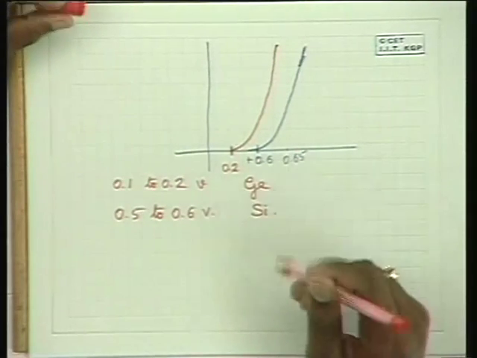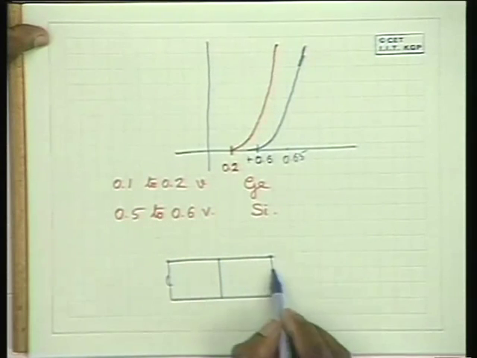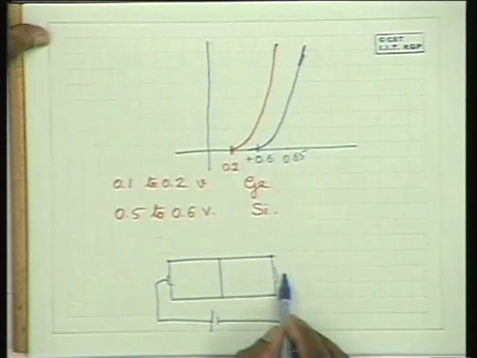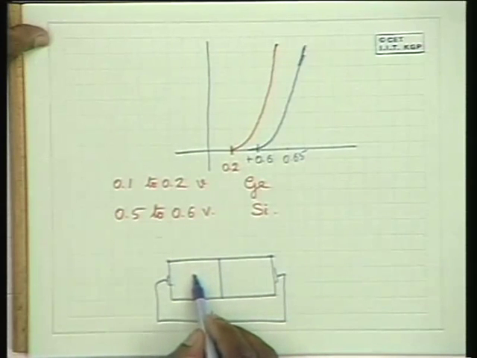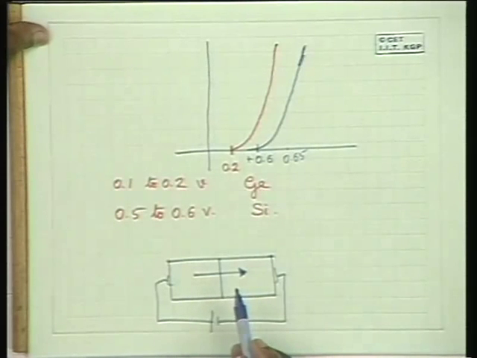Now, as the current increases by means of the external voltage application, say in the forward direction like this, an appreciable amount of current flows across the junction.